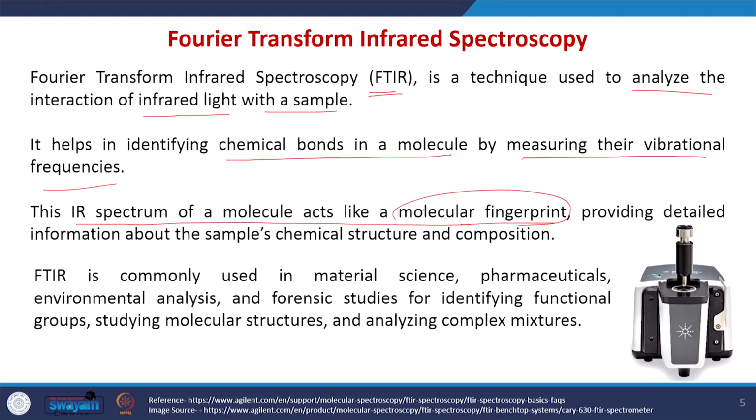How we have different fingerprints, similarly the IR spectrum of molecules act like molecular fingerprints, and it provides detailed information about the sample's chemical structure and composition. And this FTIR is commonly used in material science, pharmaceuticals and nanomaterial analysis for identifying functional groups, studying the molecular structures and analyzing the complex mixtures.